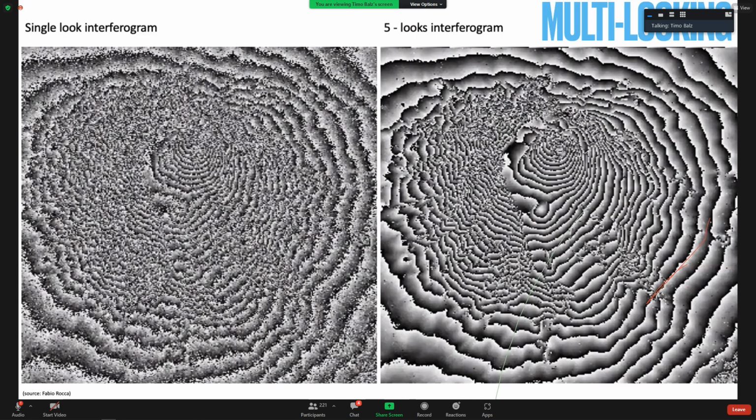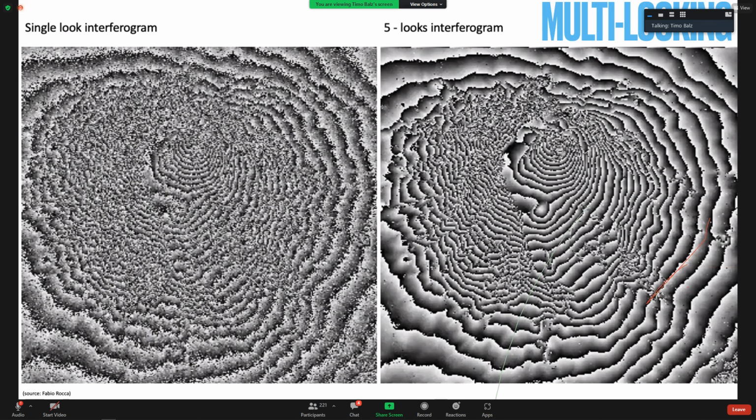They have different resolution in azimuth and in range, and typically in case of ERS and in case of Sentinel, one direction has 5 times less resolution or 4 times less resolution, right?